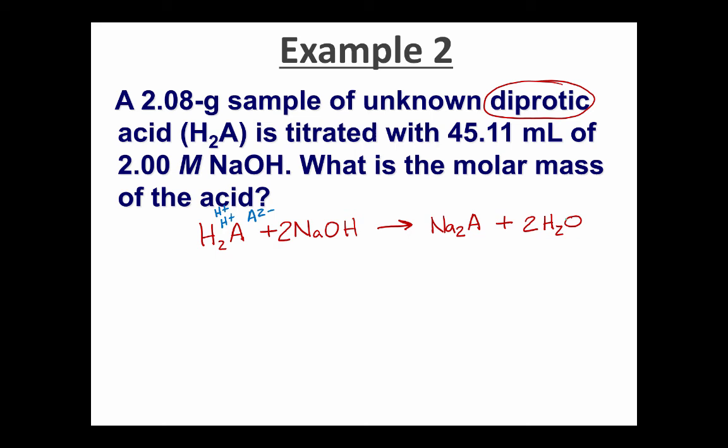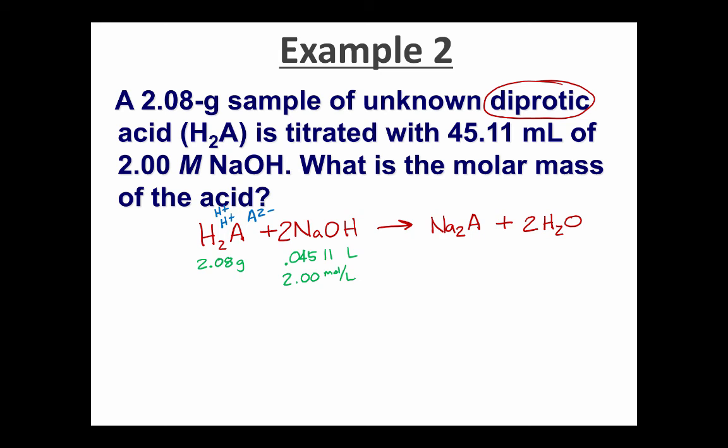The unknown diprotic acid has a mass of 2.08 grams, and the volume of the base is 45.11 milliliters. But just like before, I'll move the decimal 3 places to write this in liters. The concentration of this base is 2.00 M, or moles per liter.